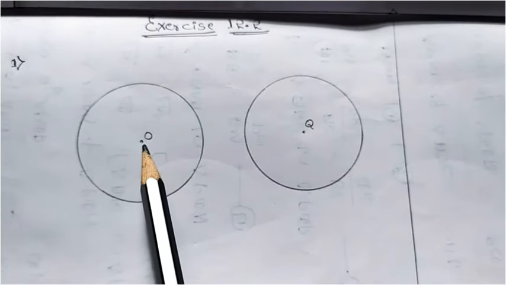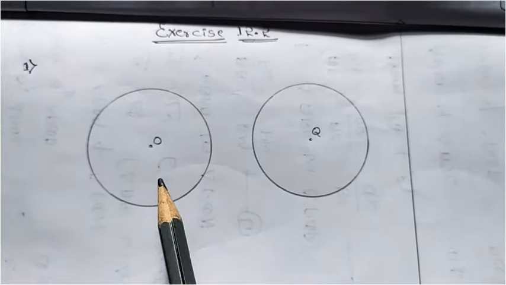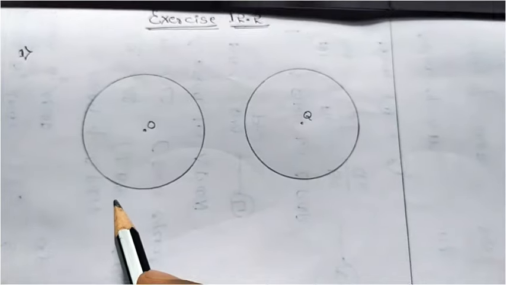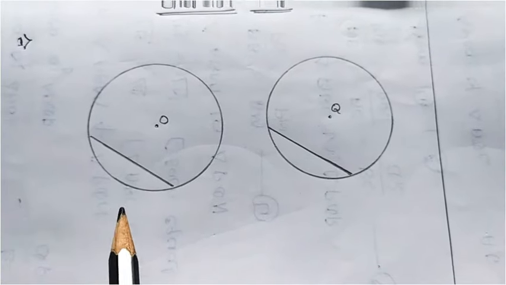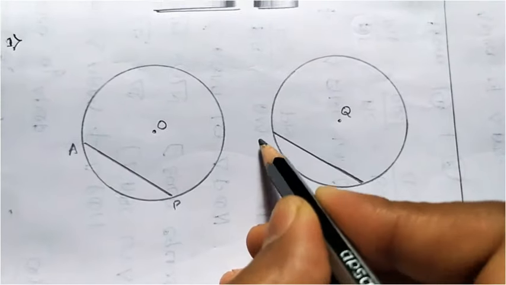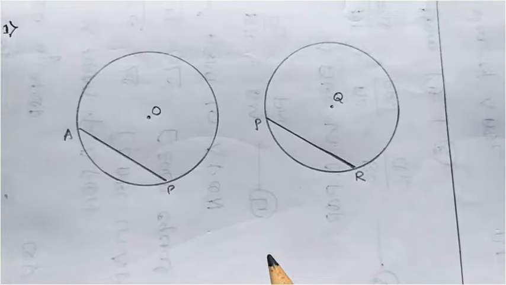Let's take the centers as O and Q. Now let's draw two equal arcs, taking them as AB and PR.